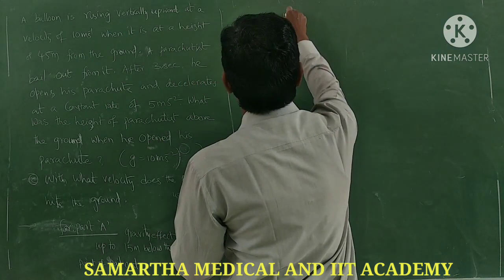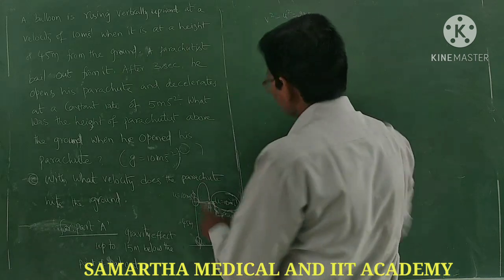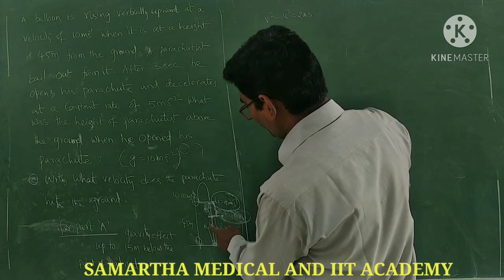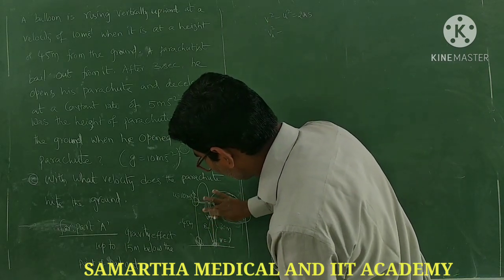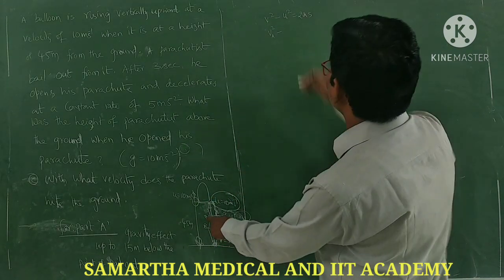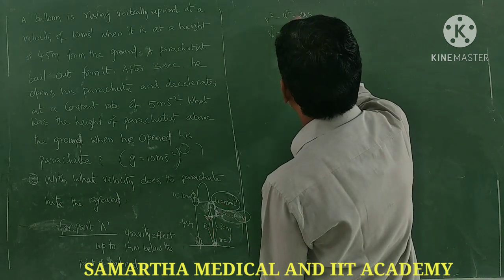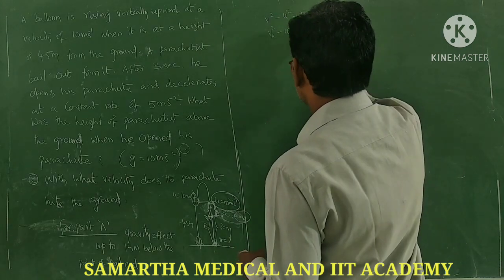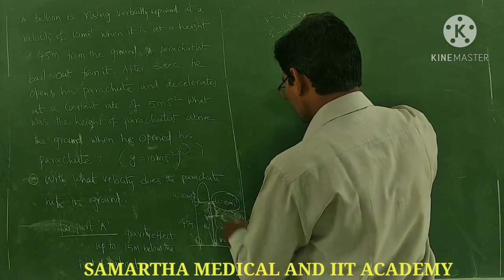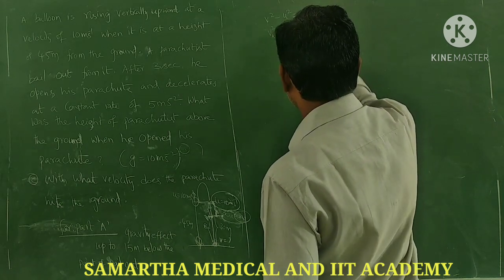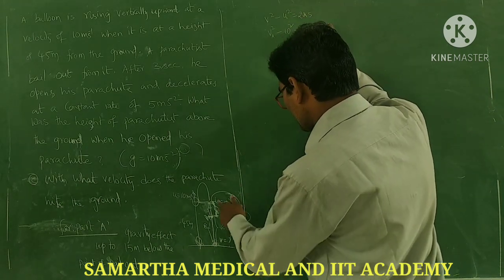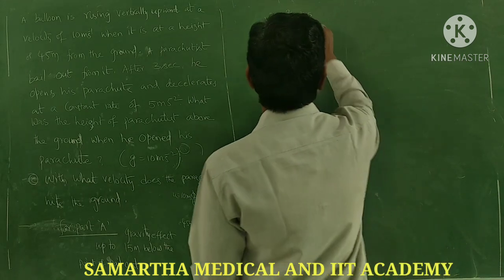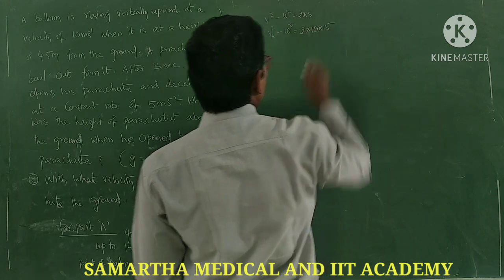From V square minus U square equal to 2AS. For this, V at part A, VA I am taking, suppose this is the point A. VA square minus U, 10 square, is equal to 2 G S. S is what? 15, G is 10, S is 15.